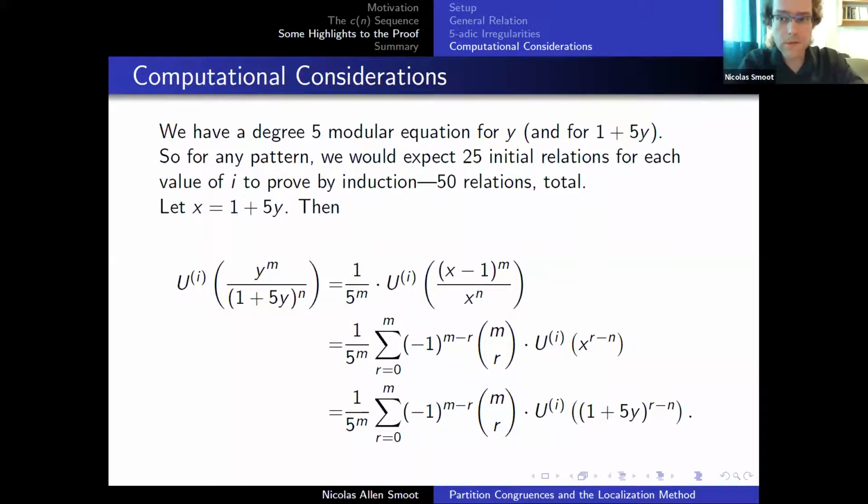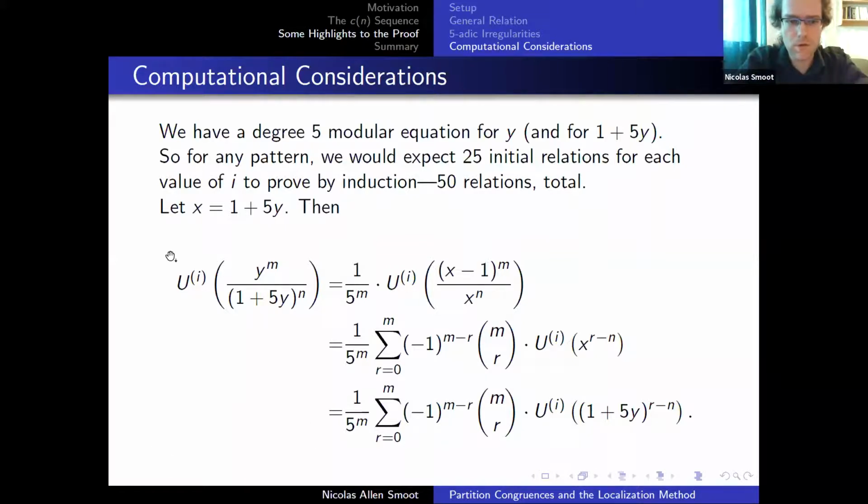So how many relations are needed for this kind of proof that I've set up when you're working over this localized ring? Well, we have a degree 5 modular equation for y, and we have a degree 5 modular equation for 1 plus 5y. We can get those without too much trouble. So right away, you're working with a top and a bottom, and you would expect 25 initial relations for each U operator that you're working with.